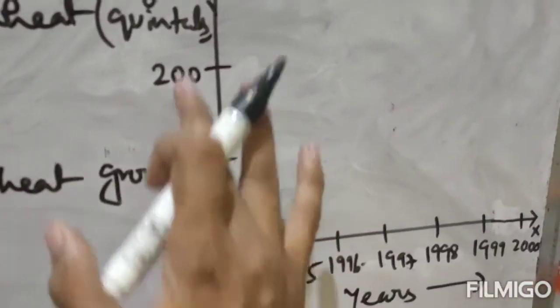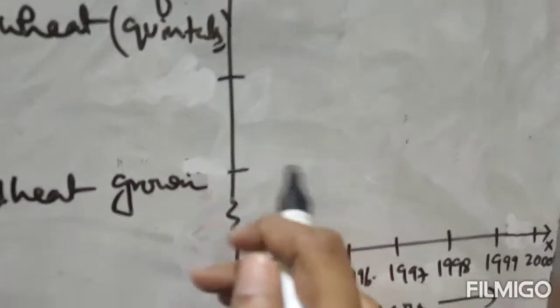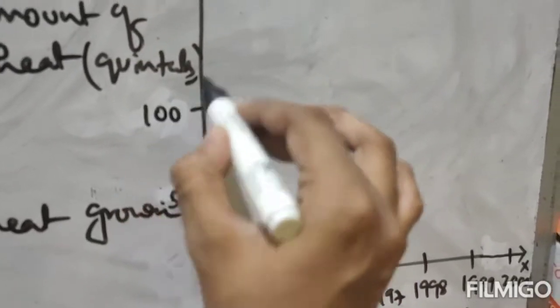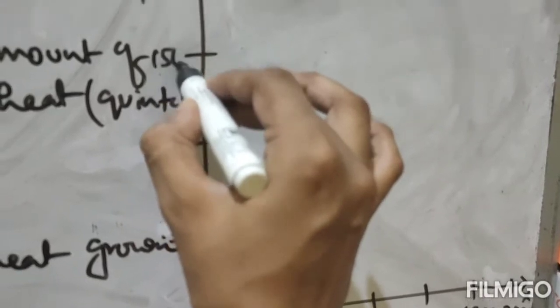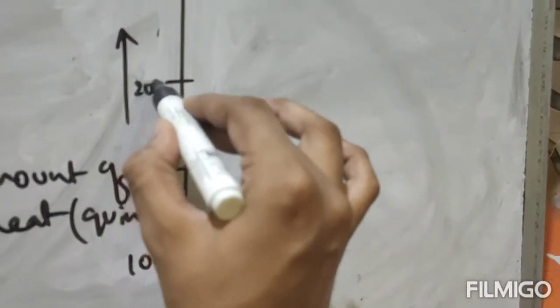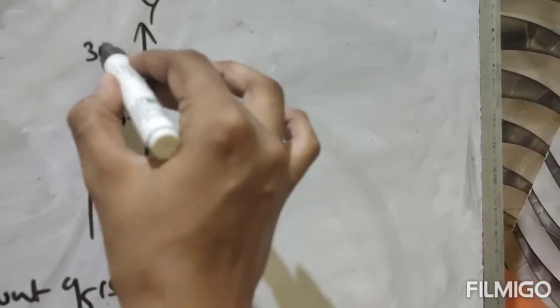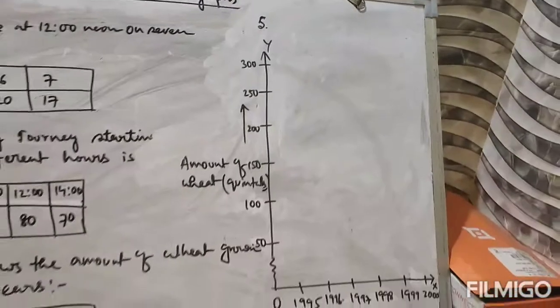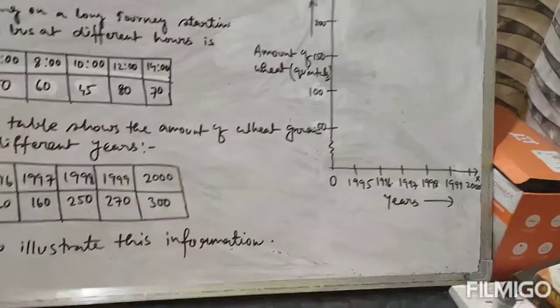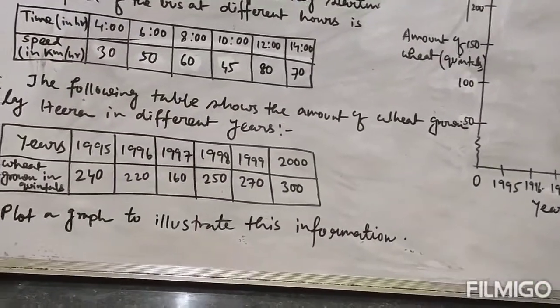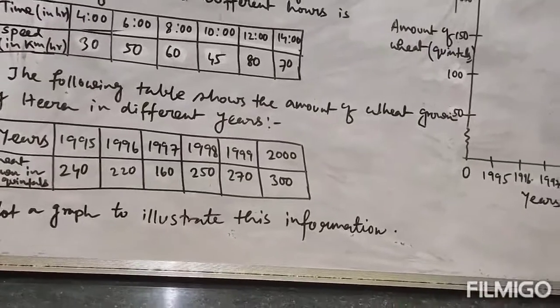Take 50 units, that will be much more comfortable. So 50, 100, 150, 200, 250, 300. Clear?